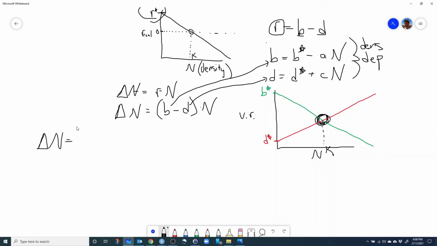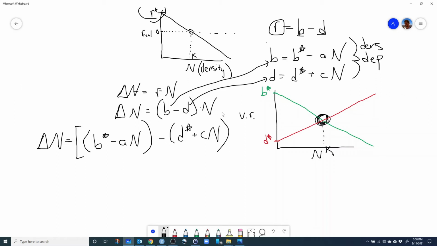All right, so delta n is equal to... let's write this out like this. So we have b is now b star minus an. So we'll say b star, maximum birth rate, minus an, right? Minus, and d is now d star plus cn.